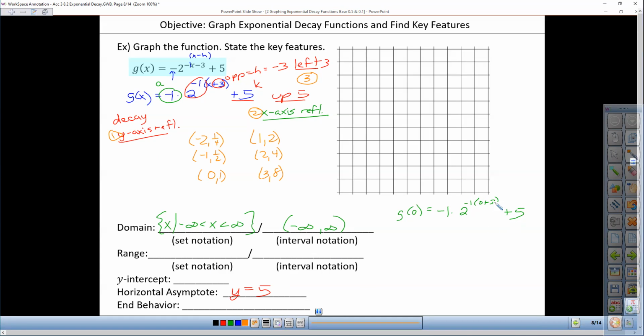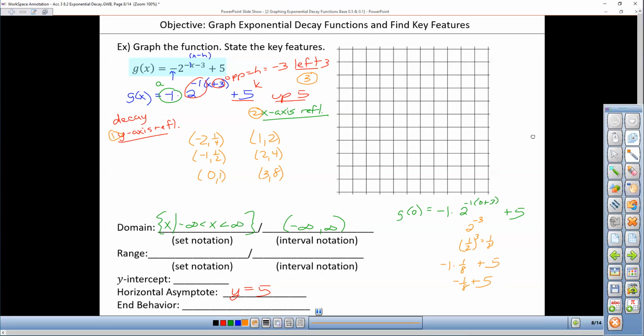So 0 plus 3 is 3. 3 times -1 is -3. So this becomes 2 to the -3rd power. 2 to the -3rd power means 1/2 to the 3rd power, or 1 over 2 to the 3rd. So that's 1/8. And so this gives us now -1 times 1/8 plus the 5. Multiplication gives us a -1/8 plus the 5.